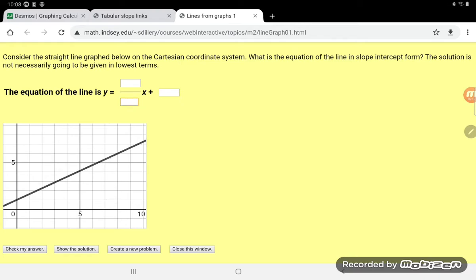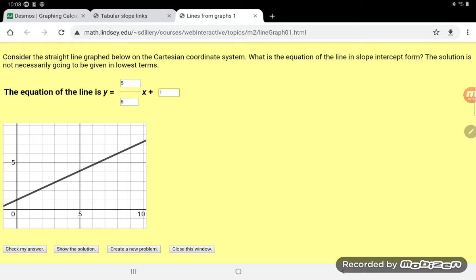That is the bottom, there is x, changing y over changing x. The change in y, I started at 1, so I can count up 1, 2, 3, 4, 5. So that's a 5. And my y-intercept, I can see it crosses at 1.